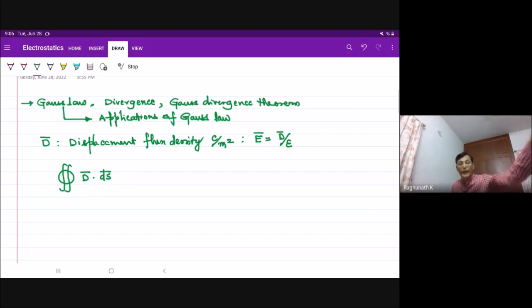We discussed it already, so I will not do it today. It is mathematics. The closed surface integral of D bar dot dS bar is essentially the total outward normal flux through the given closed surface.